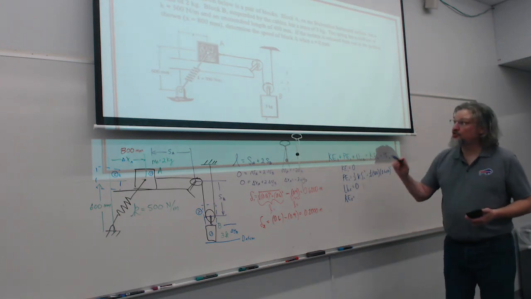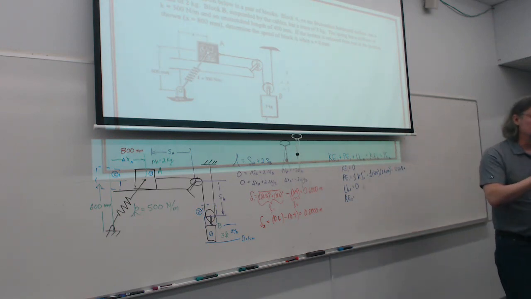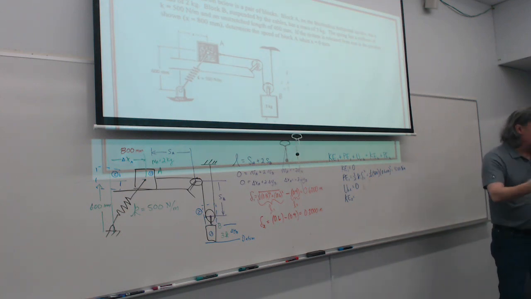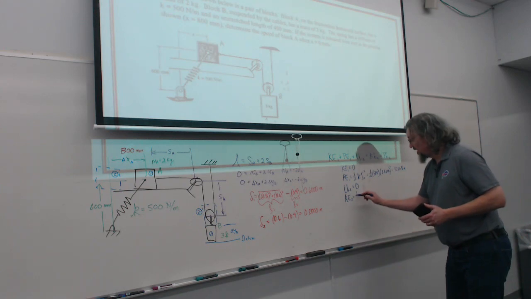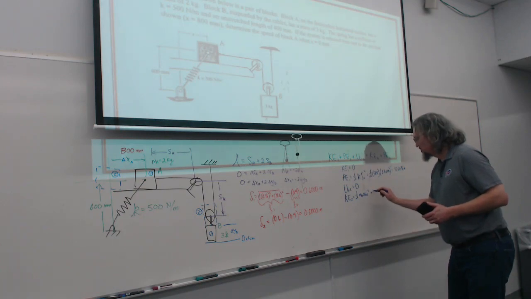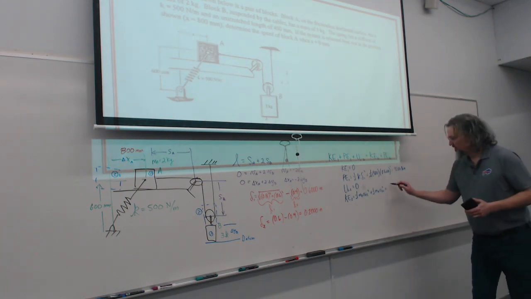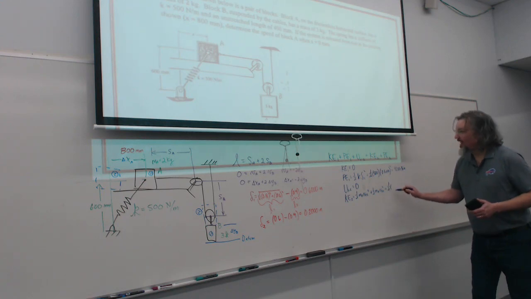We note that we have 2 particles, so we can't forget that it's the entire kinetic energy of the system. So 1/2 MA VA2 squared plus 1/2 MB VB2 squared. So we can stick in the values that we have here.